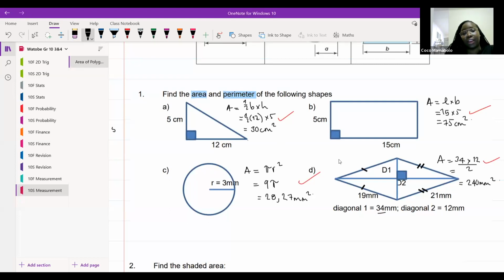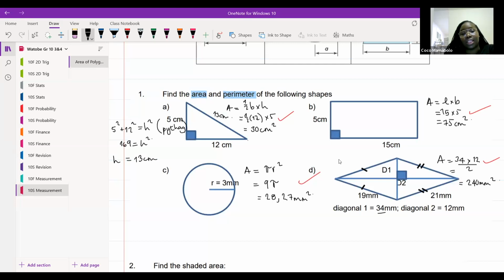We're going to go 5 squared plus 12 squared is equal to h squared, the hypotenuse squared. And then we need to write Pythagoras in brackets because we're using his theorem. 25 plus 144 is 169, which is equal to h squared. So the hypotenuse should be equal to 13 centimeters.